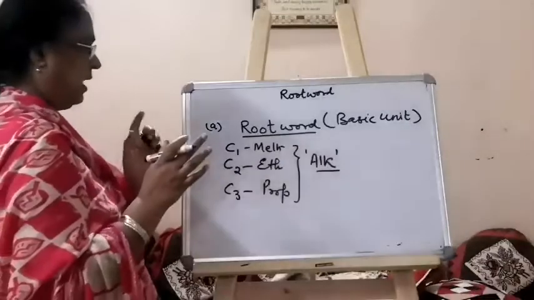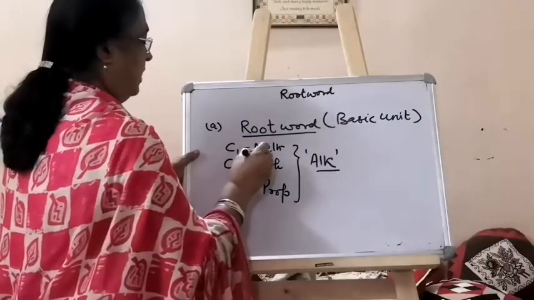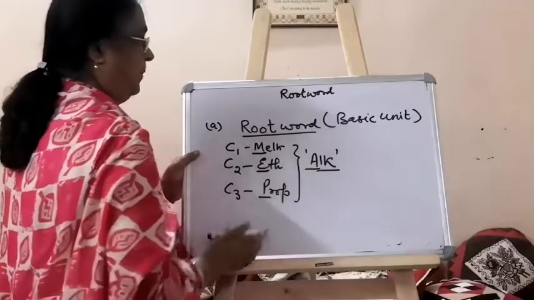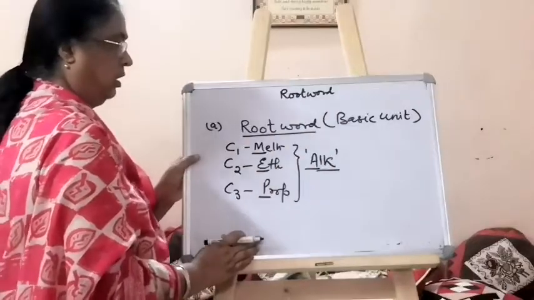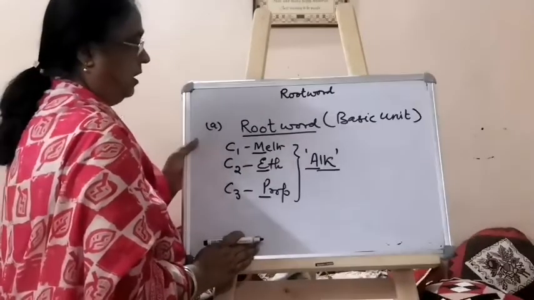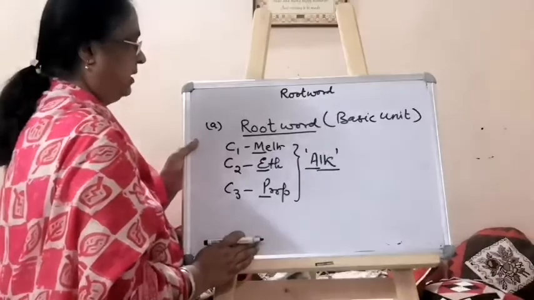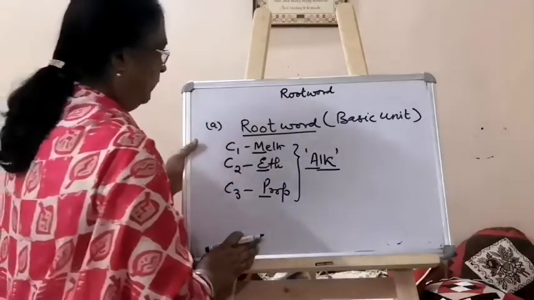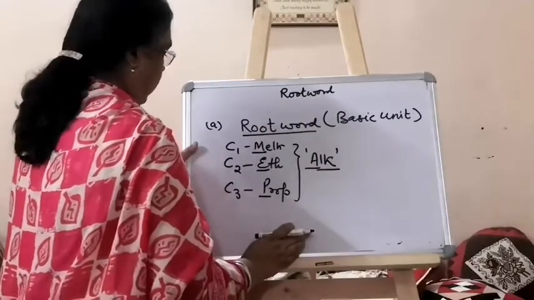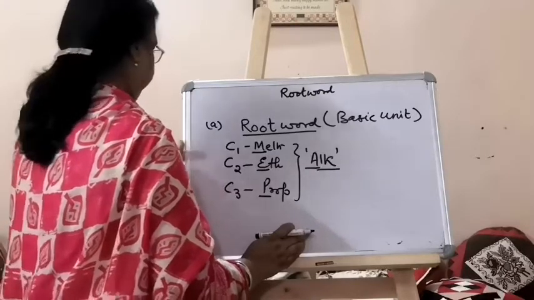When it comes in the middle of the name, the first letter will not be capital, it will be small. So remember that rule as you use in English grammar; many of those rules are the same. So the first thing is the root word, which is based on the number of carbon atoms linked together in a continuous chain.